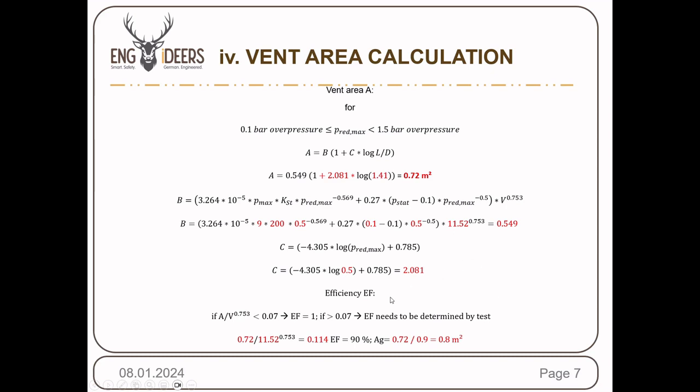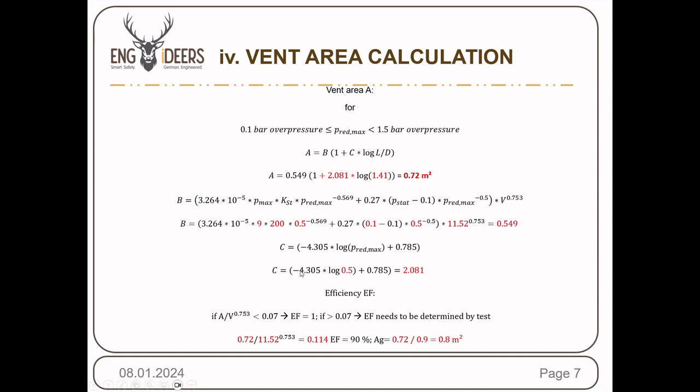As I said before, we have a certain efficiency, which is the efficiency of the vent panel in comparison to a nearly mass-free venting device like an aluminum foil, which is usually not used for venting, but the comparison in the EN 14797 testing standard is referring to that.